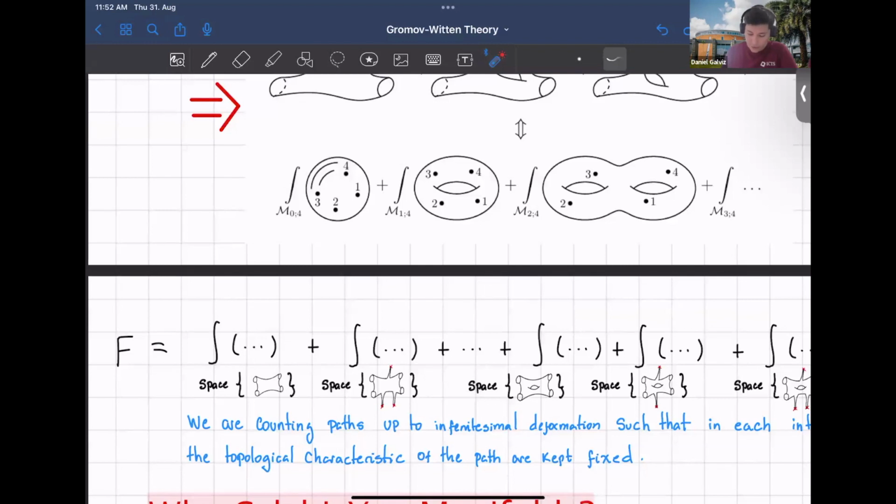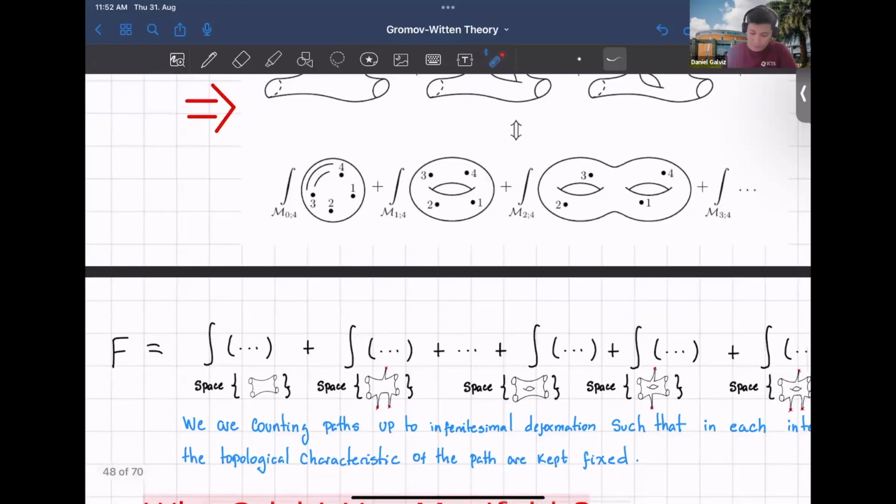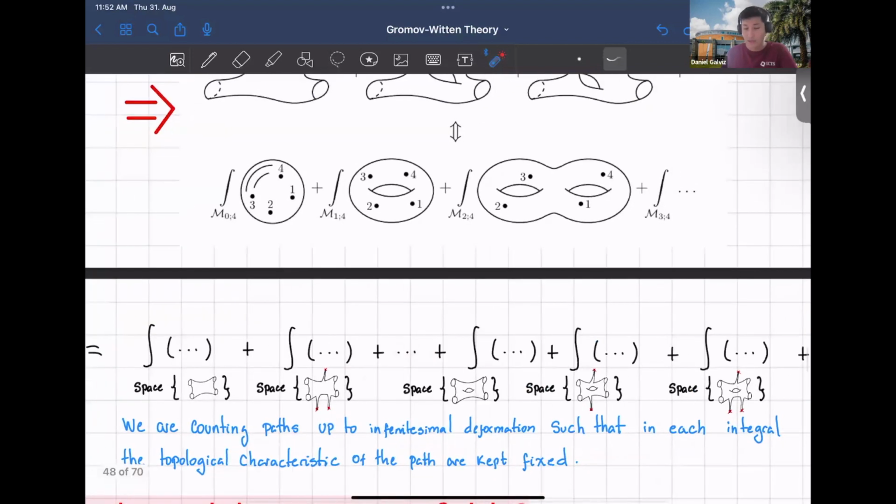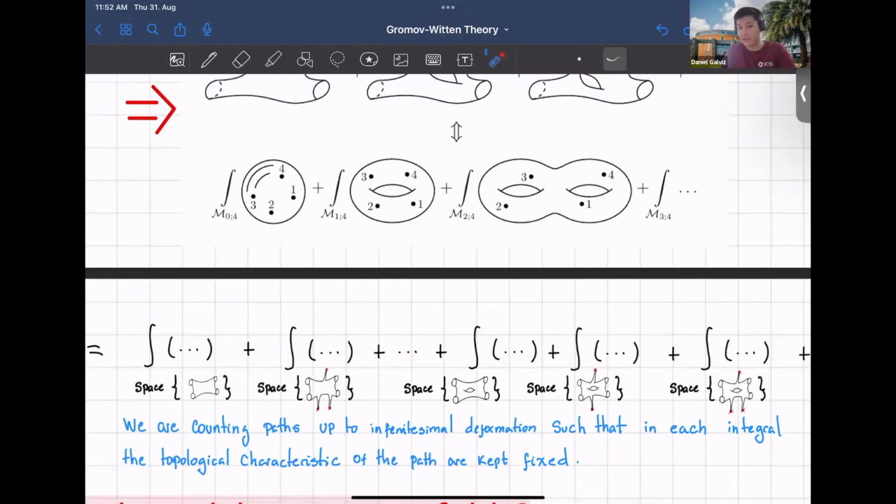So in fact, the first one that contributes at genus 0 is just genus 0 with 3 marking points. And then you can have genus 0 with 4 marking points and so on. So this is a sum. As you can see, it's an infinite sum because you can have n marking points.